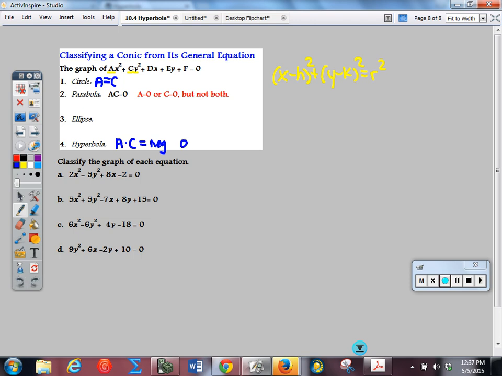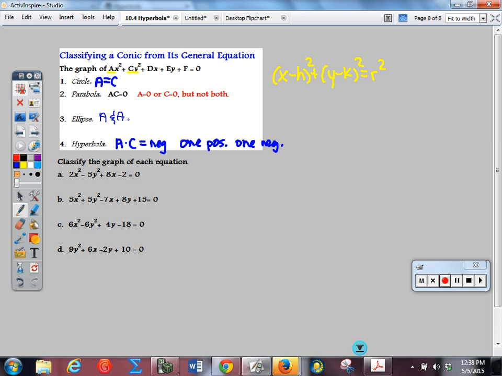And an ellipse, any hints on an ellipse? How would you tell? Because if they're the same, it's a circle. If one's positive, one's negative, it's a hyperbola. Okay, if A and C are positive, and A does not equal C, right? Because if A equals C, it's a circle.